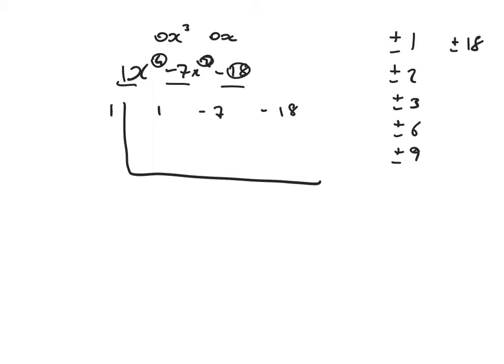So it's better to think of x to the power 4 minus 7x squared minus 18 as x to the power 4 plus 0x cubed minus 7x squared plus 0x minus 18. So we need to account for 0 coefficients.